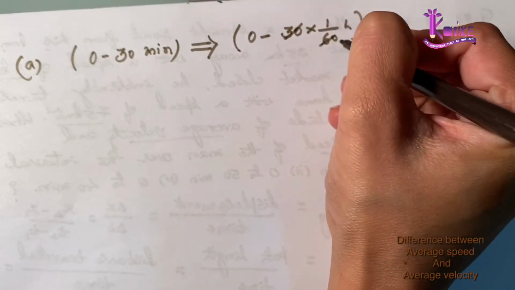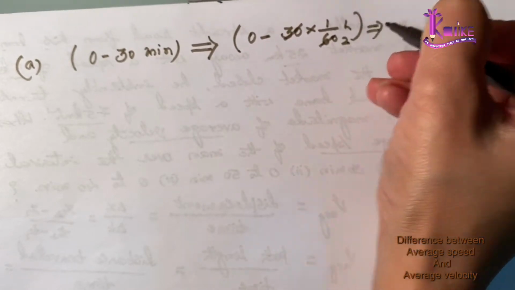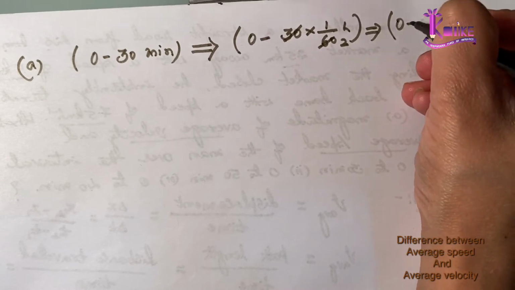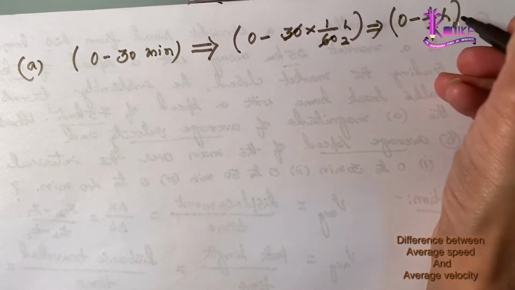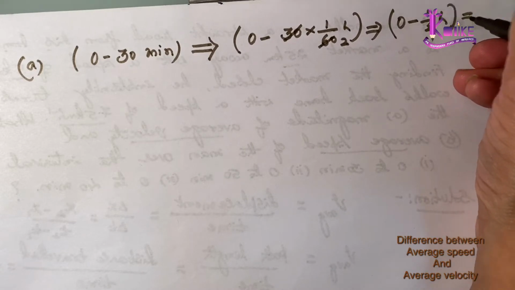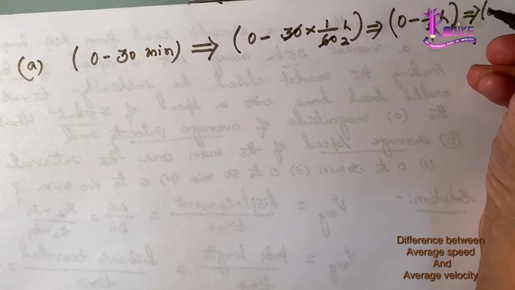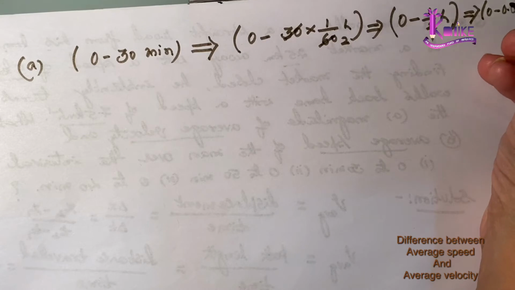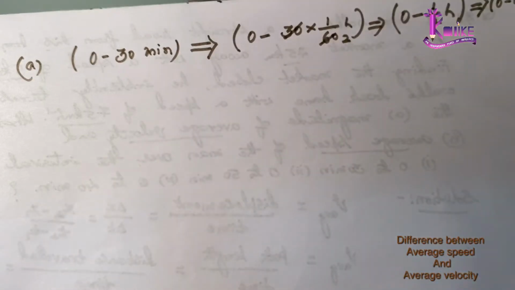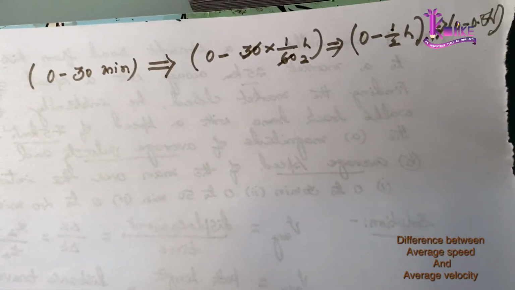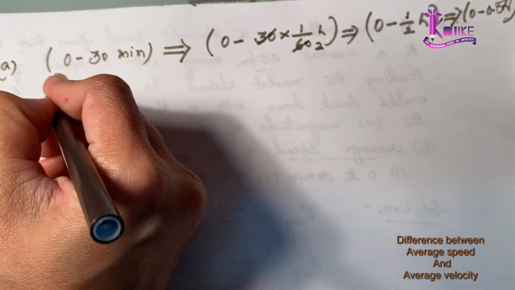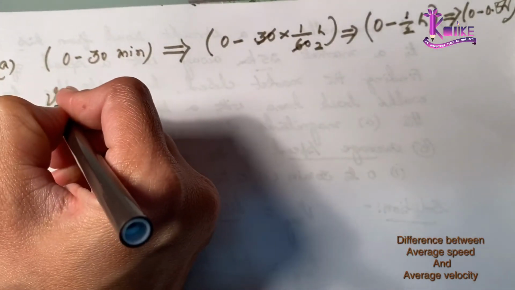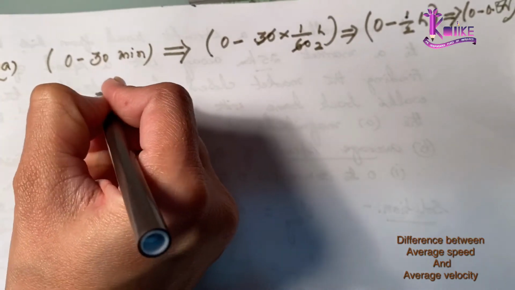So this will be 1 by 2, which is nothing but 0 to half hour, or this can also be written as 0 to 0.5 hour, right?